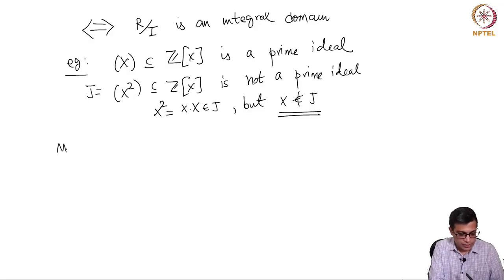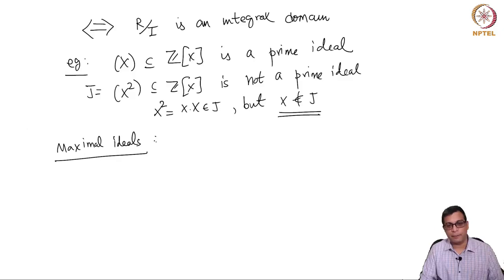The other important class of ideals is called maximal ideals, and as the name suggests, these are ideals which are maximal.